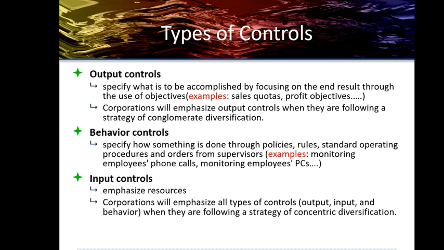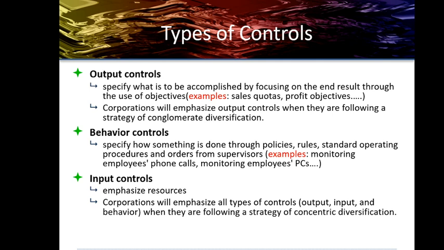So in this case, it's better to use the output control, which means you look at the result, for example your sales in the car industry by itself, and what sales you achieved in the electric devices industry. So you separate them. If you have the strategy of conglomerate diversification, we advise you to use only the output control, because it will help you.